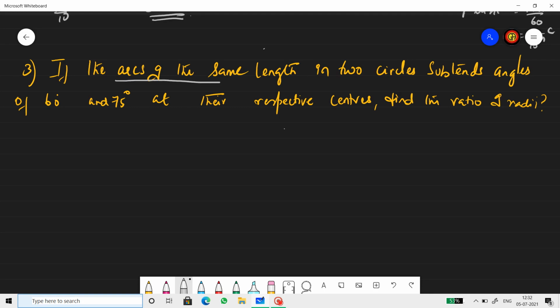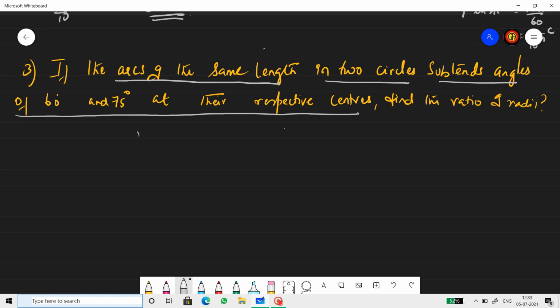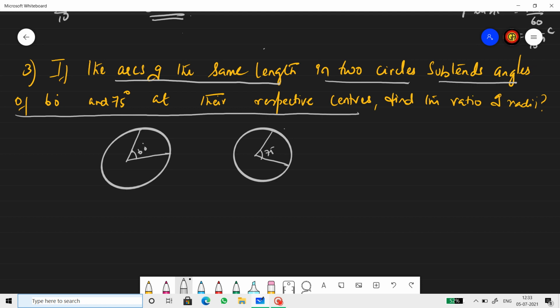Arcs of the same length in two circles subtend angles of 60 and 75 degrees at their respective centers. So there are two circles. One is making an angle of 60 degrees at the center. Another is making an angle of 75 degrees at the center. The arc length is the same here.